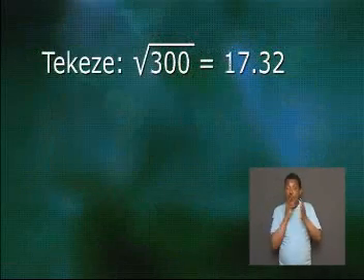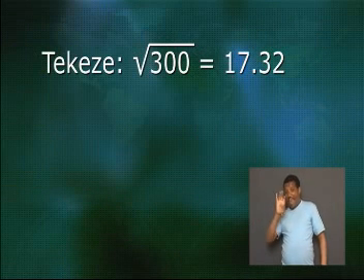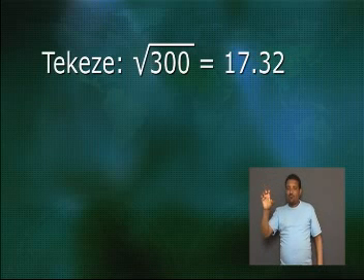Let us look at an example. Here is the hydroelectric power potential for 3 of Ethiopia's rivers. The hydroelectric power potential for the first river is 300 megawatt.